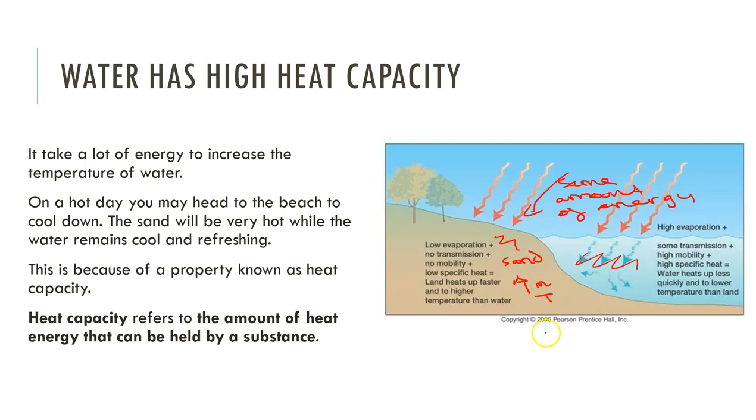The sand will probably be 50 degrees or more, and the water is going to be a nice pleasant 20, 21. This is because of heat capacity. The sand has a lower heat capacity than that of water, so for the same amount of energy, its temperature will go up a greater amount because it takes less energy to increase its temperature than it does for the water.